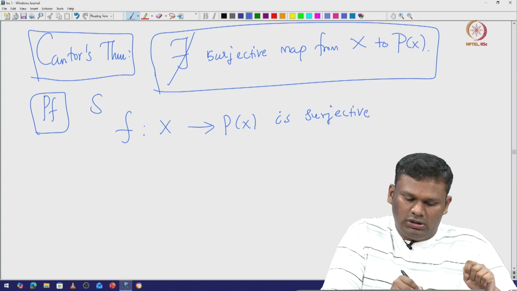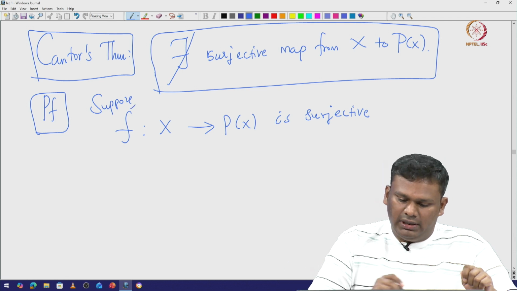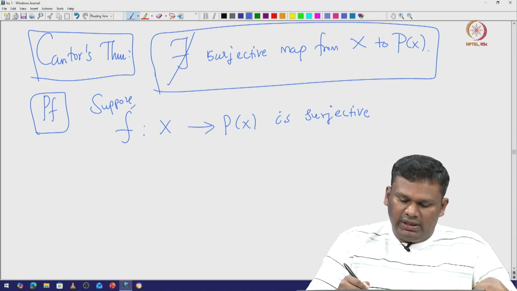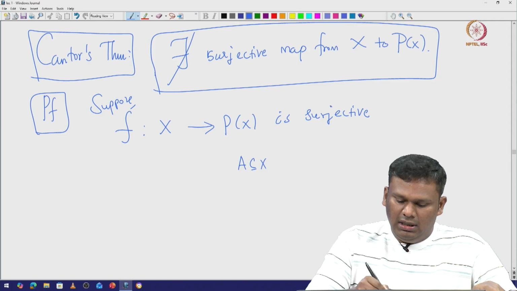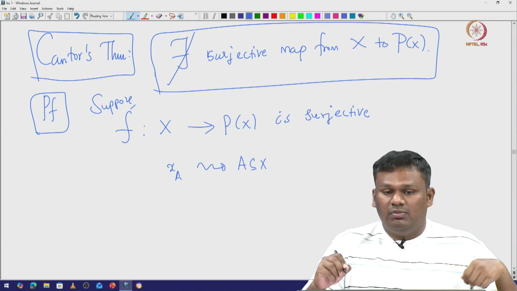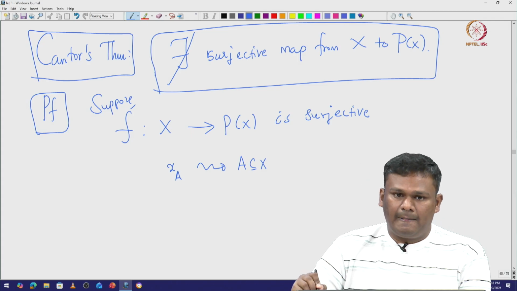Suppose. Then, given any subset capital A of x, there should be an element x_a in x such that it is mapped to that capital A.